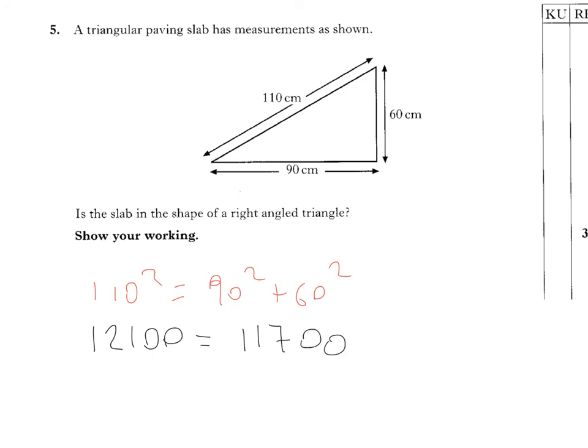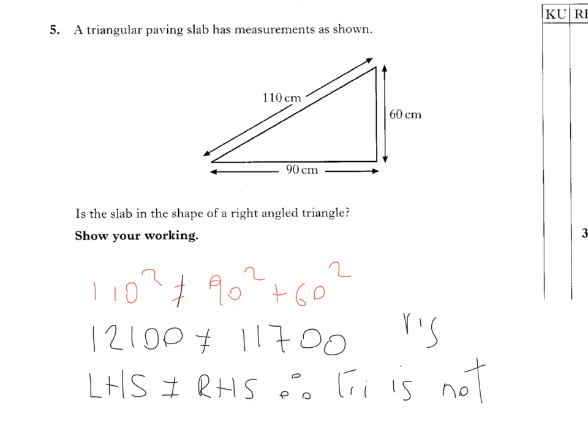We can clearly see that Pythagoras didn't work, so put a line through the equal signs to say not equals. So at that point you would say LHS does not equal RHS, therefore triangle is not right angled. That's the end of the question.